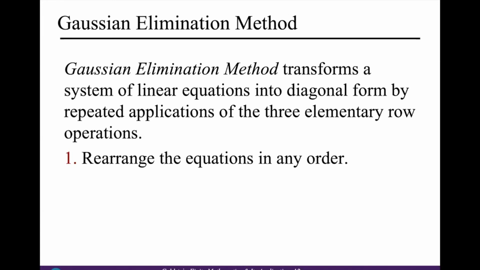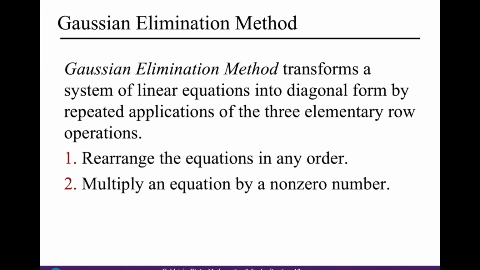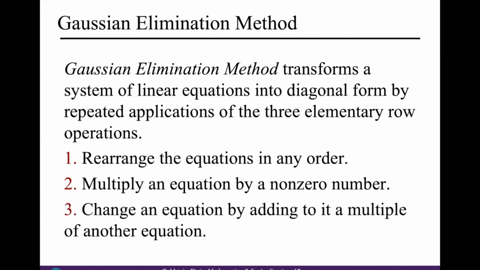Typically, you want to start with an X term in the top left corner. Number two, multiply an equation by a non-zero number. And finally, number three, change an equation by adding to it a multiple of another equation.